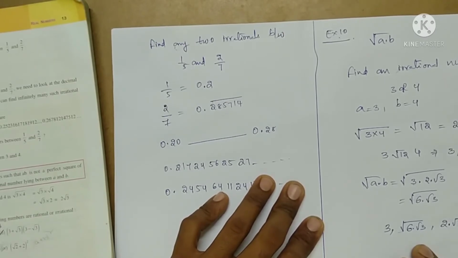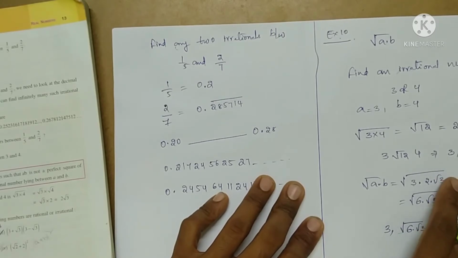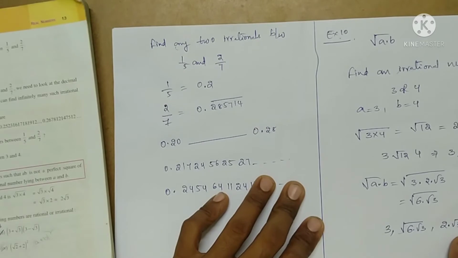So the irrational numbers between 3 and 4 are the square root of 6 root 3 and 2 root 3.